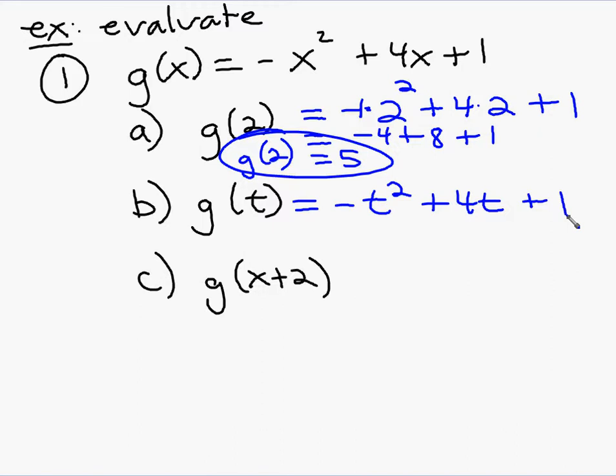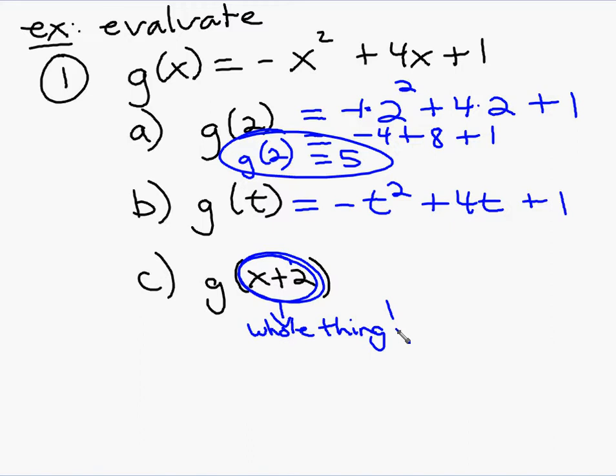That's okay. Now, part C often gives people fits, and I want to take my time on part C. This says find g of x plus 2. Now, what that means is that you have to plug in the whole thing. Okay?